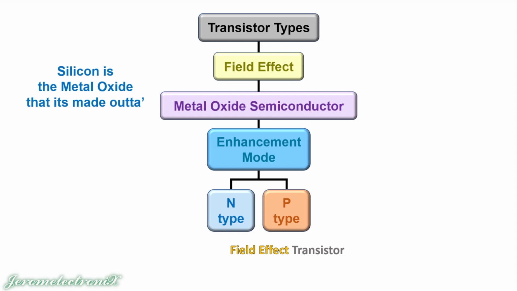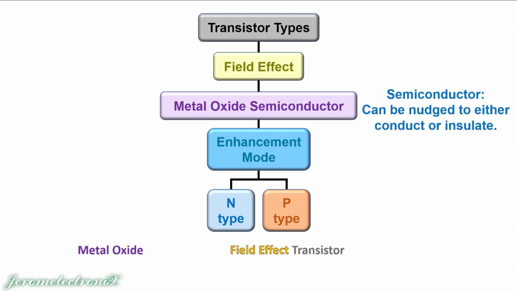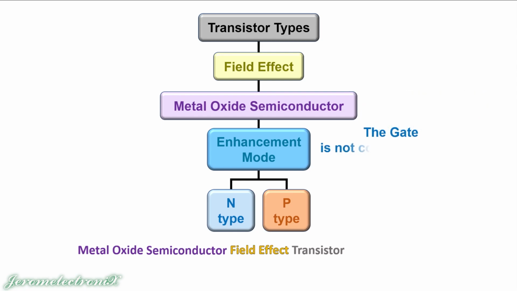Metal oxide semiconductor, that is silicon. Silicon is the metal oxide that these semiconductors are made out of. So that's semiconductor. We're going to use that in the name of our new transistors that we're going to be using. Semiconductor can either be nudged to either conduct or insulate. Okay, so that's why we're using the metal oxide semiconductor in the name of our transistor.